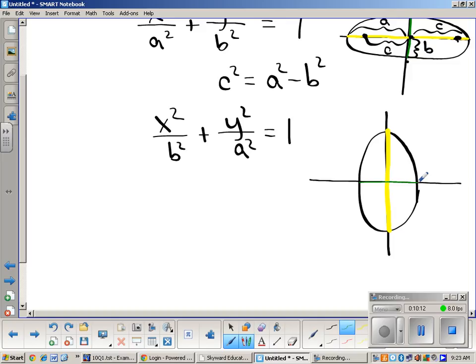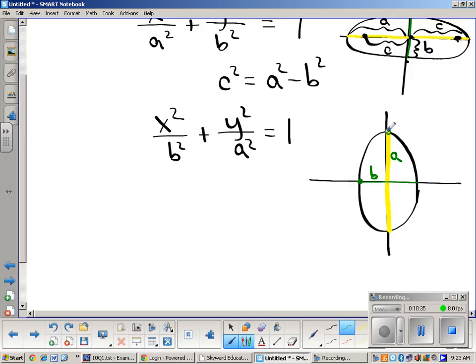All the same rules apply with the foci: the distance between the foci and the center, the distance between the vertex and the center, and the distance between the co-vertex and the center. Those are all the same. This is still B. This is A now.